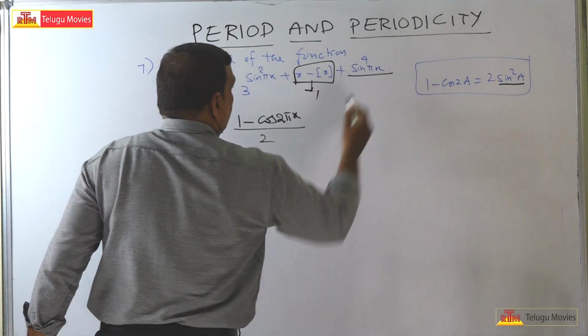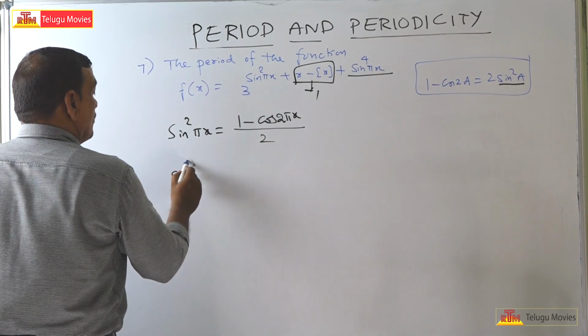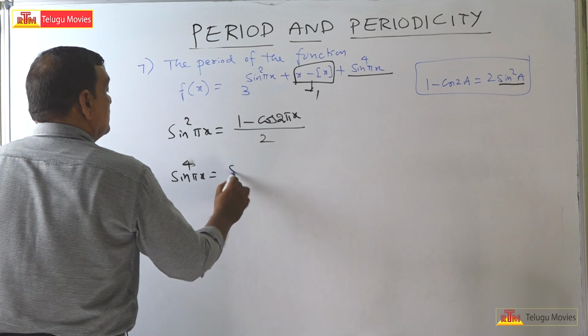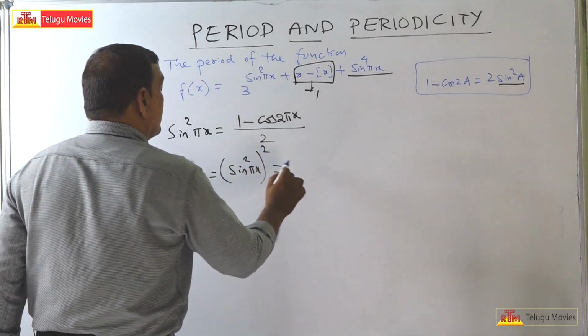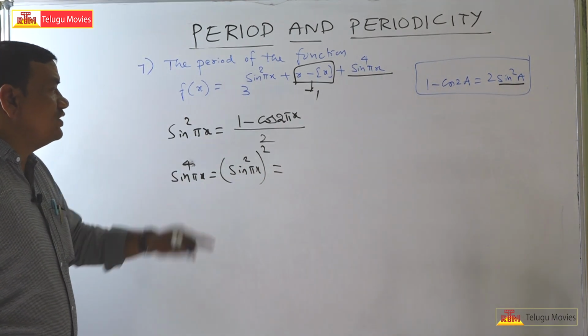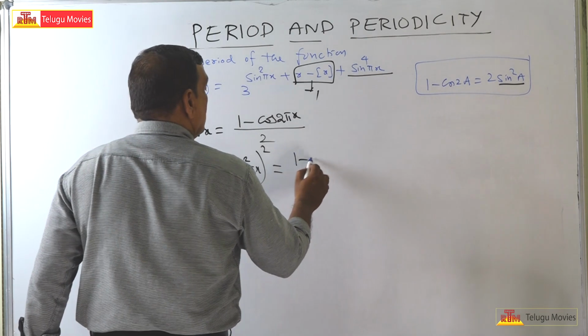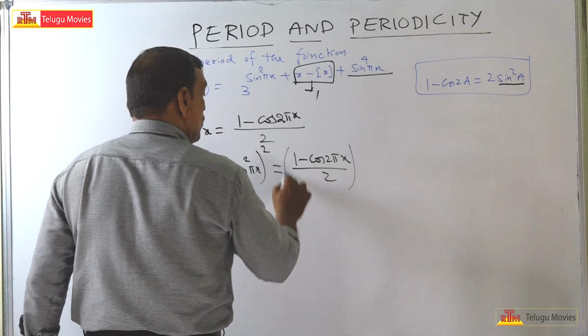Coming to the second one, sine to the power of 4 pi x. This is equal to sine square pi x whole square. Can I write it as sine square pi x whole square? Sine square pi x means (1 minus cos 2 pi x) by 2, whole square.